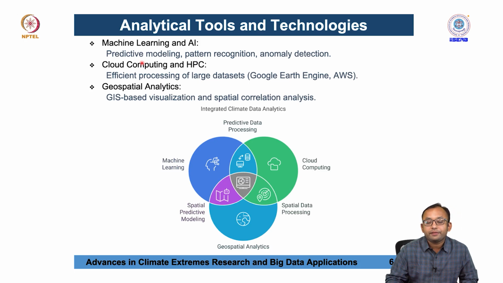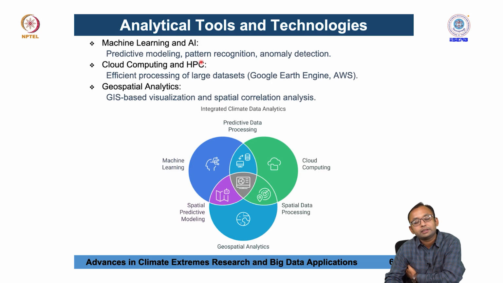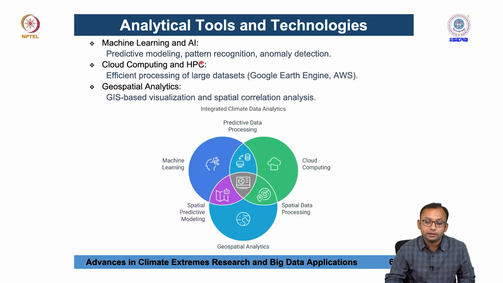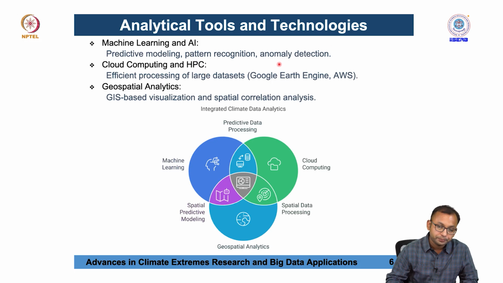For example, we can talk about machine learning and artificial intelligence, which are improving predictive modeling, and we have got very good precision and accuracy of predictive modeling in a variety of fields of climate science. Pattern recognition, anomaly detection like that, so that we are able to do these tasks very efficiently because of machine learning and AI.